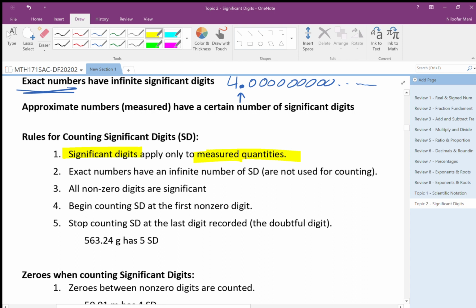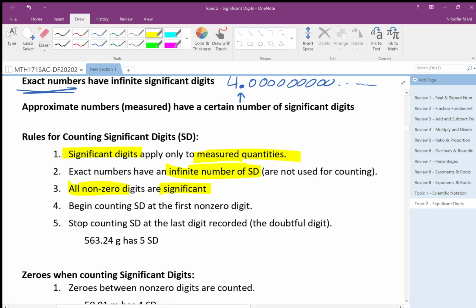Exact numbers have an infinite number of significant digits. So I do not count them, I do not even consider them because it's infinity. All non-zero digits have to be counted, as I said. So all of them.